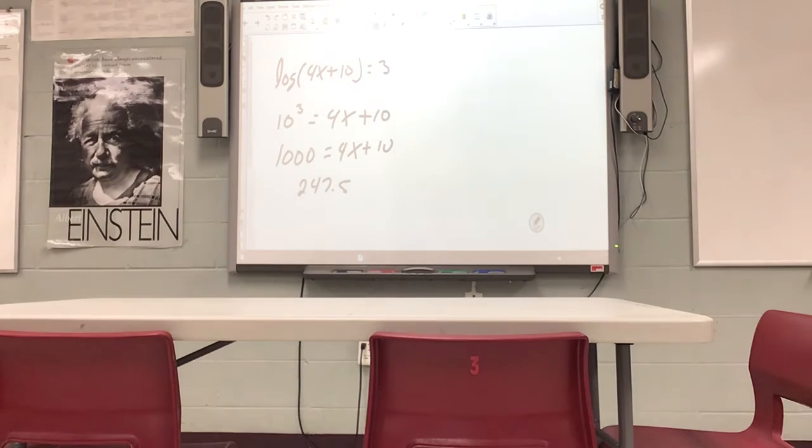Okay, but what do we do when we see that's not a choice? No, there's no rounding up. Oh, the fraction. Yep, check those, see if you can put it in a fraction. I believe B is the equivalent fraction. Yeah, I would think 990 over 4 goes to 247.5.